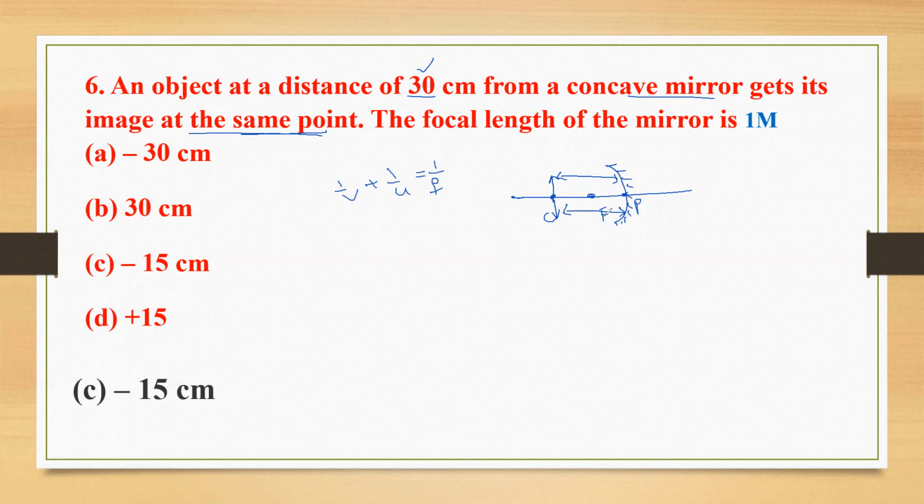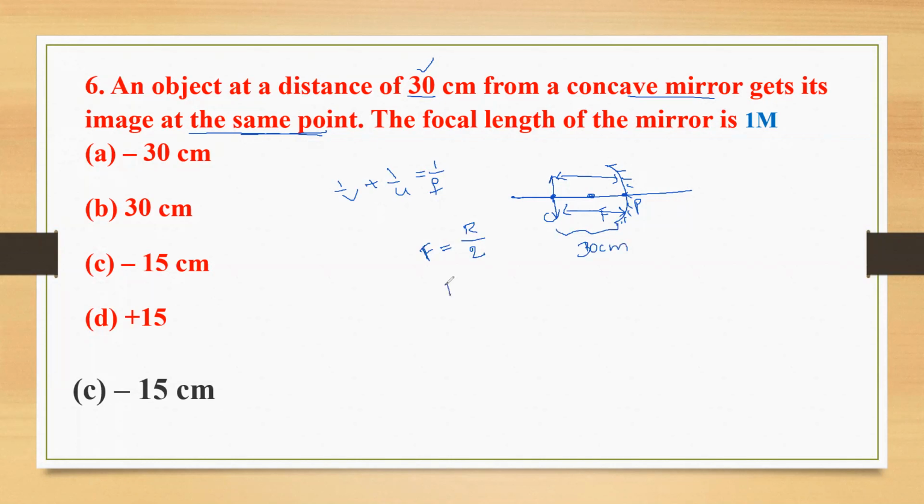Now you see, for focal length we have one rule or formula. How will the focal length be? Focal length is equal to half of the radius, isn't it? Here, the radius of curvature is given as 30 centimeters.